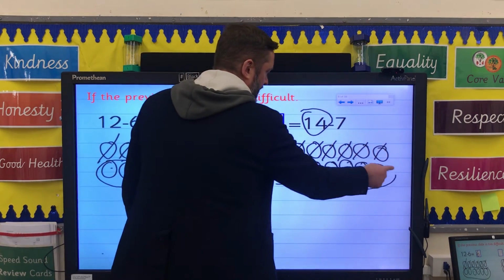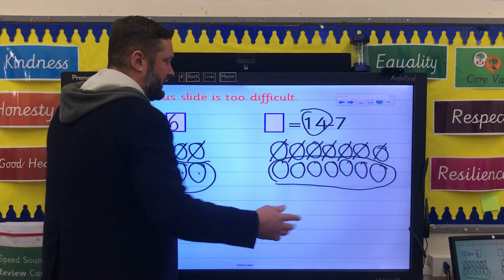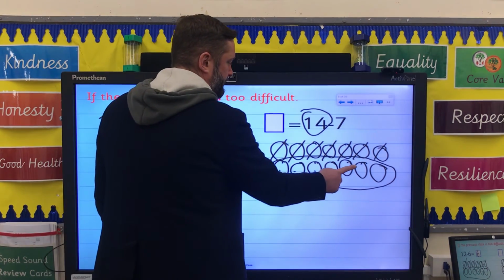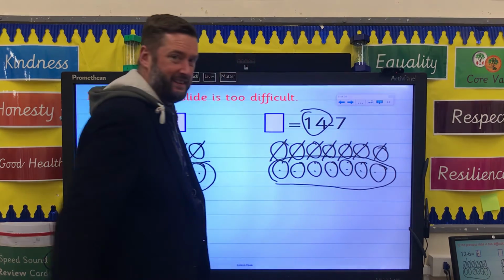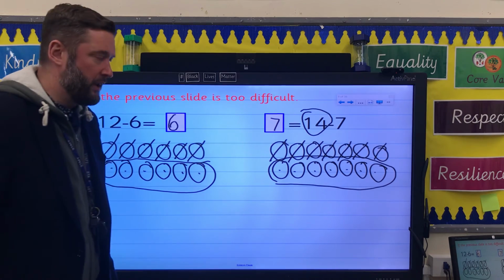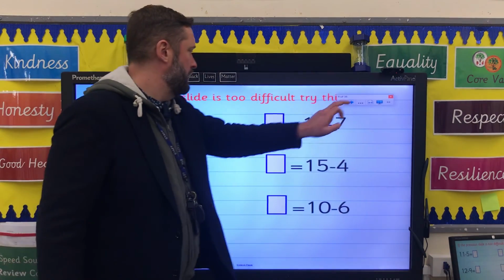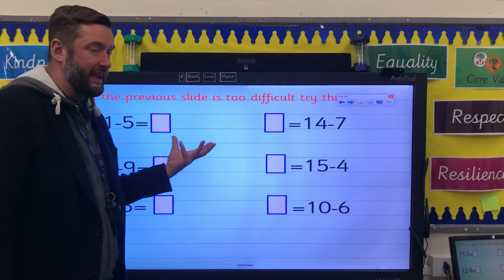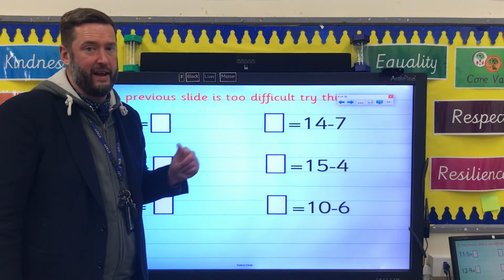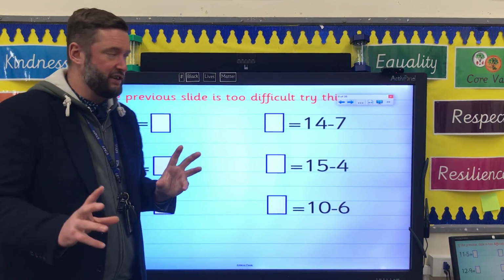Let's circle how many are left. Count the ones that are left. 1, 2, 3, 4, 5, 6, 7. Did you get 7? And the answer just goes in first. Again, these questions are only if you found the main activity really challenging.